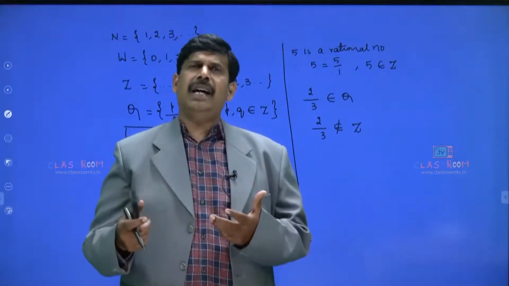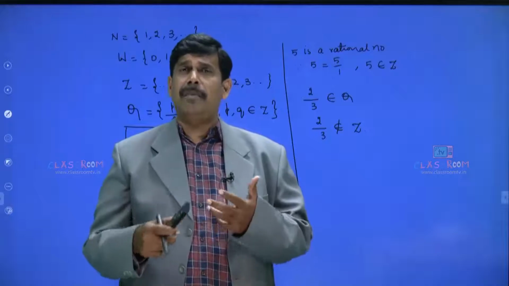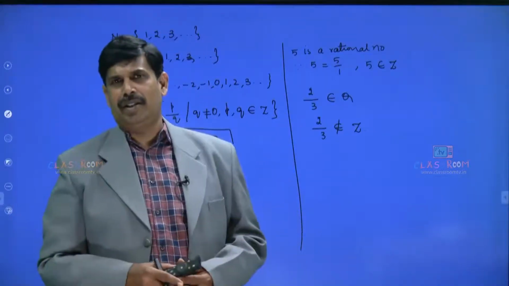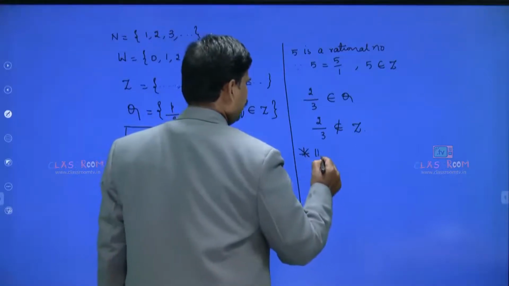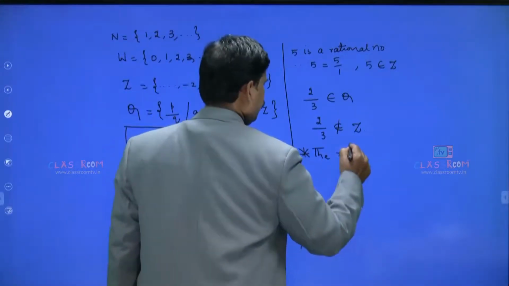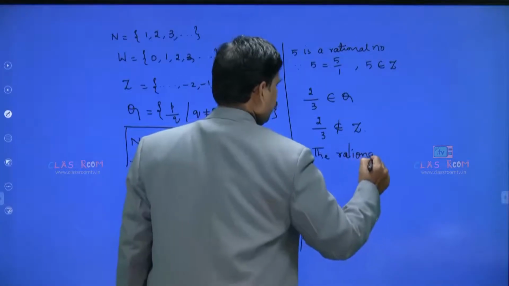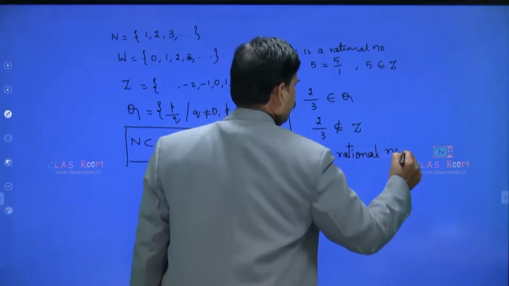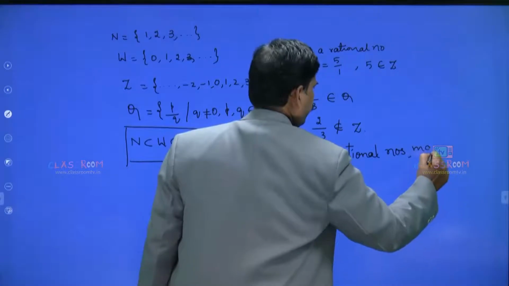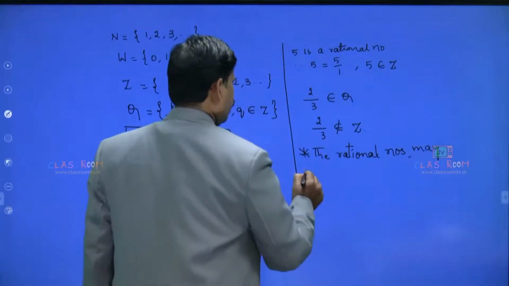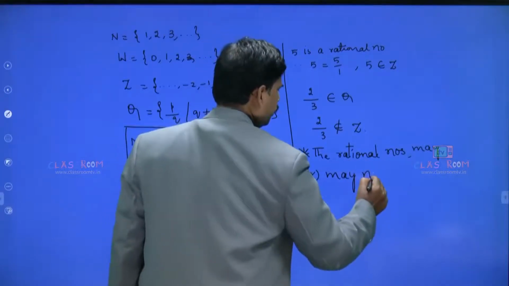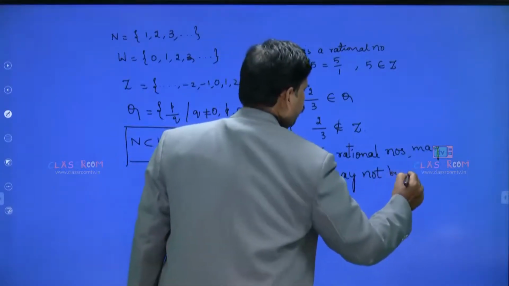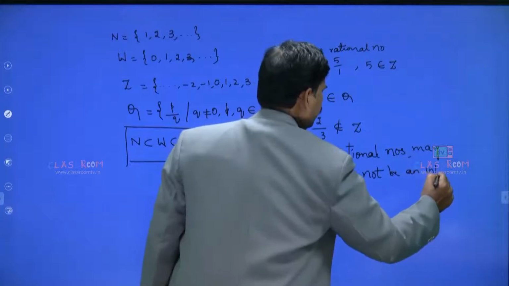So we can say that the rational numbers may or may not be integers.